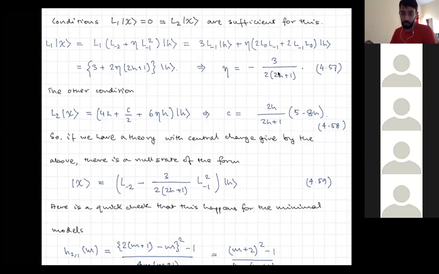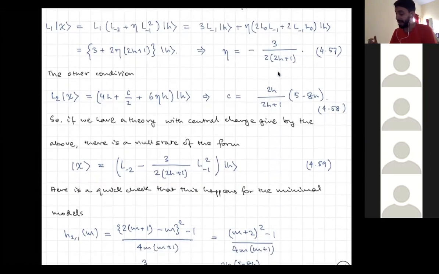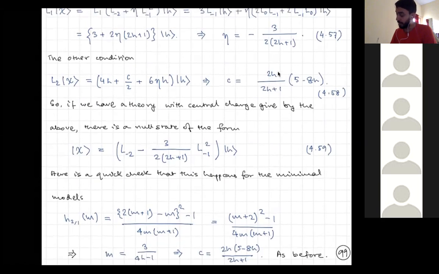And then what did we do? We looked at the minimal model, that had an expression for H's and central charges in terms of M. We plugged in p, q as 2 and 1. This is something that will get us a state at level 2. So then we could rewrite M in terms of H if you want, and then you could plug it back into the expression for the central charge that we had earlier.